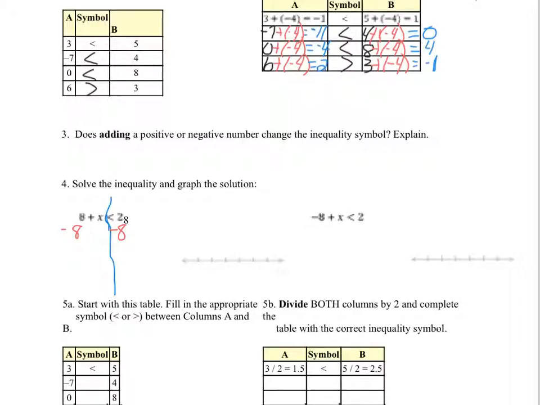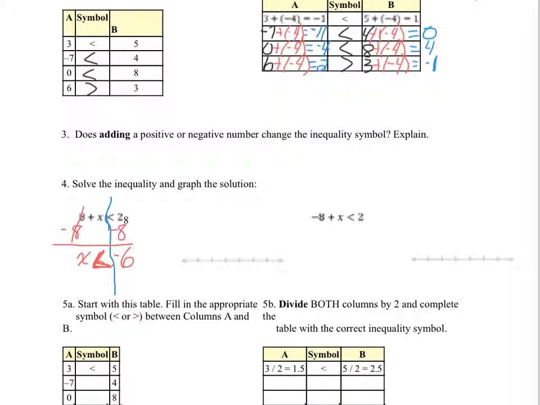Subtracting 8 from both sides, I'm going to have x, and this is going to be -6, and subtracting does not change my inequality symbol, so that means x is less than -6. Okay, that was the purpose of the activity above.